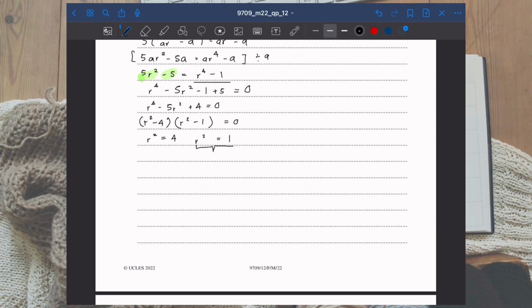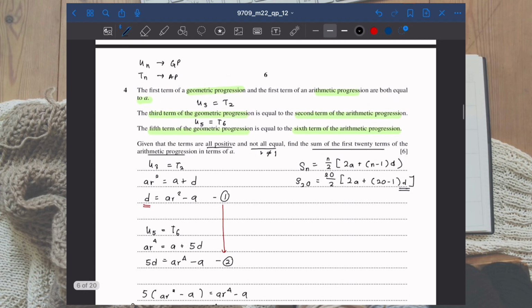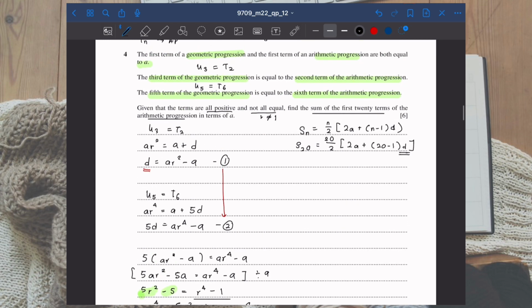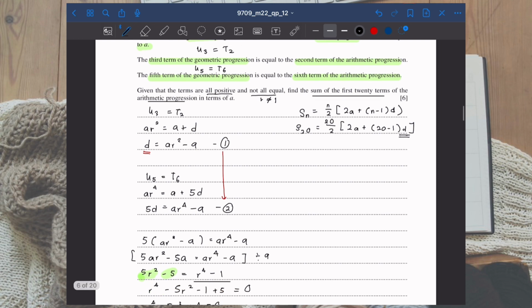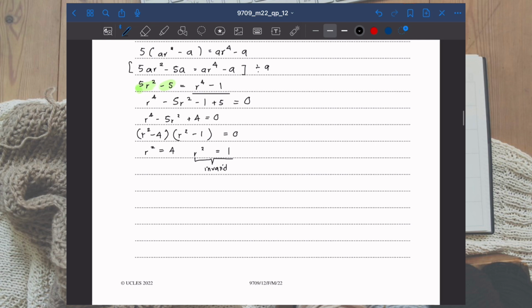So r squared equals 1 is invalid since if you rearrange it, r equals the square root of 1, which will just be 1, and r cannot equal 1 if you refer back to the question, as the terms in the geometric progression are not all equal. So r cannot equal 1. That means r squared will equal 4.